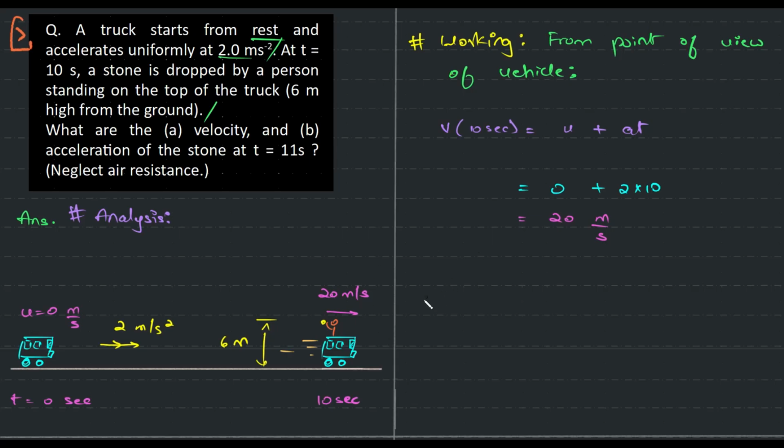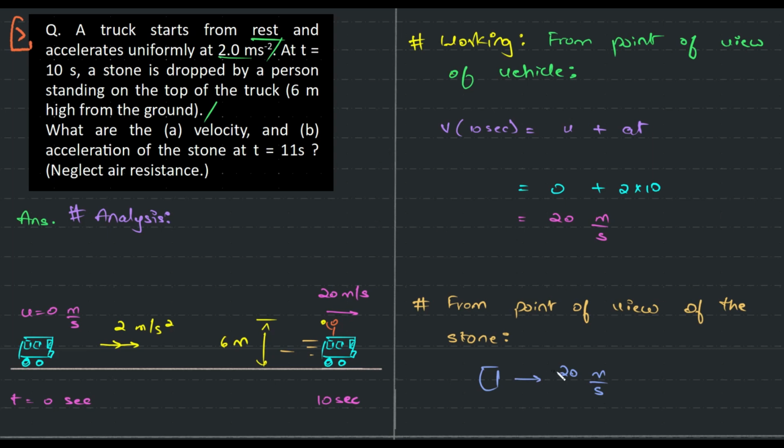So how is this related to the point of view of the stone? How is the stone's perspective related to the vehicle's movement? Well, the stone, at 10 seconds, will have a velocity of 20 meter per second. Why?